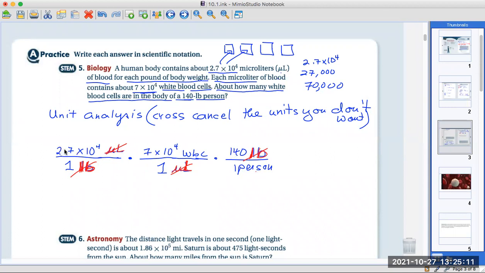So we're multiplying 2.7 times 10 to the power of 4 times 7 times 10 to the power of 4 times 140, correct? So let's write that out. 2.7 times 10 to the power 4 times 7 times 10 to the power 4 times 140. The numbers in front, you multiply, use a calculator.